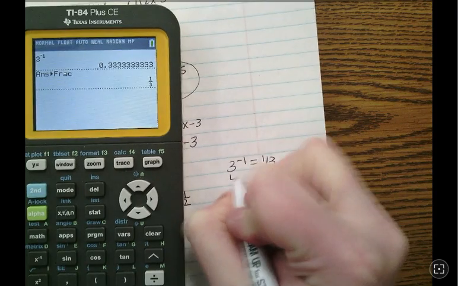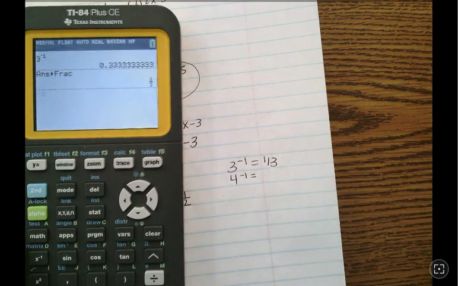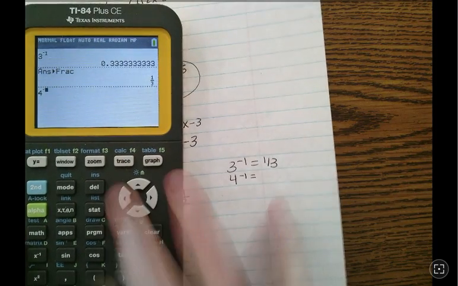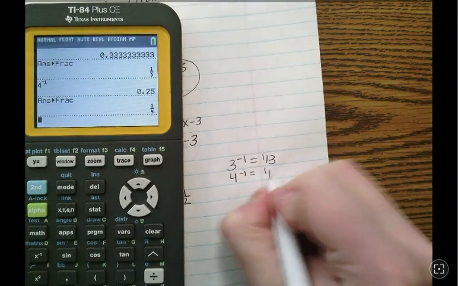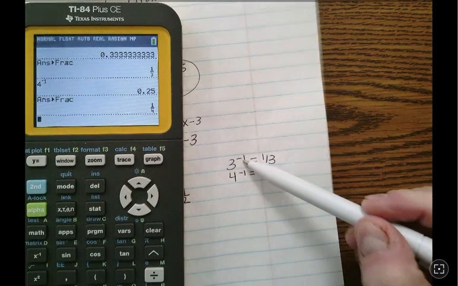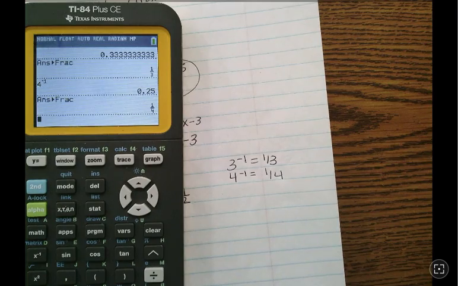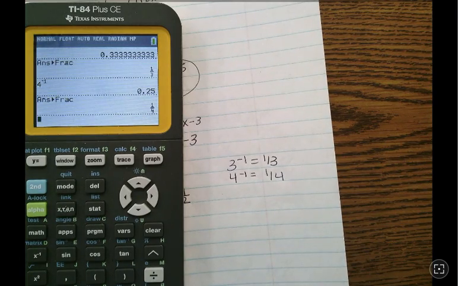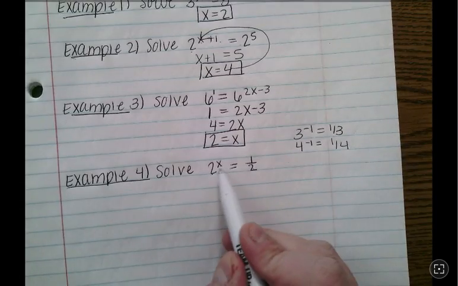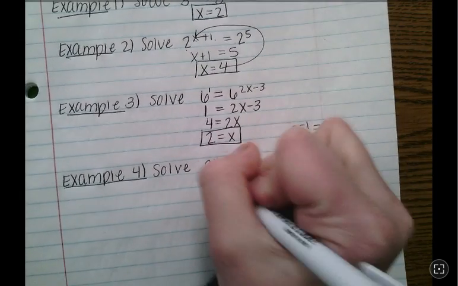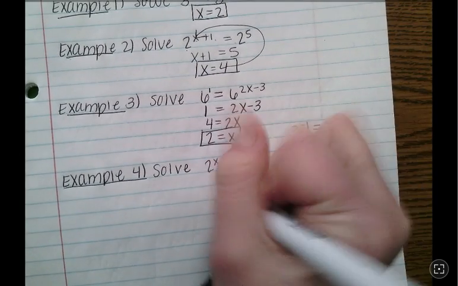And if we had 4 to the negative 1, you would get 1/4. Okay, so what I hope you're noticing is that when you have a negative 1, you just turn it into a fraction and put that number on the bottom. That was an exponent rule. So here, the power that would make this 1/2 then would be negative 1.